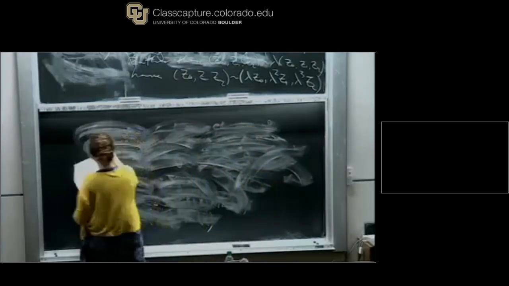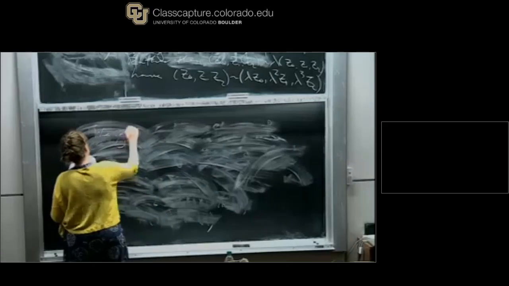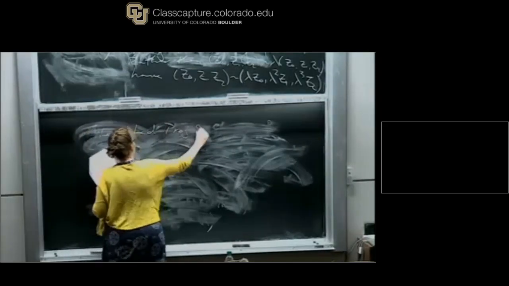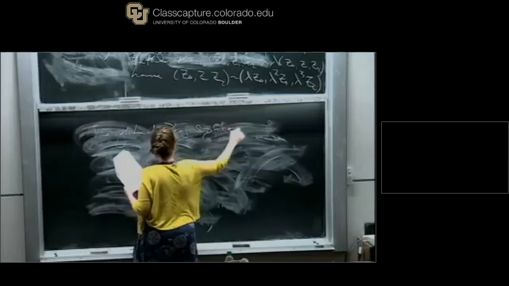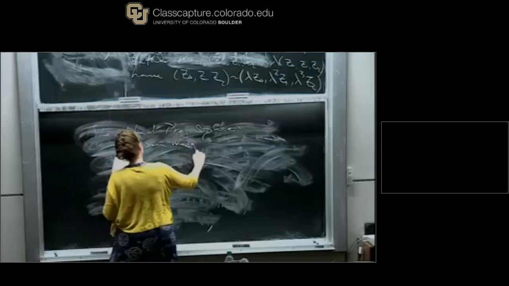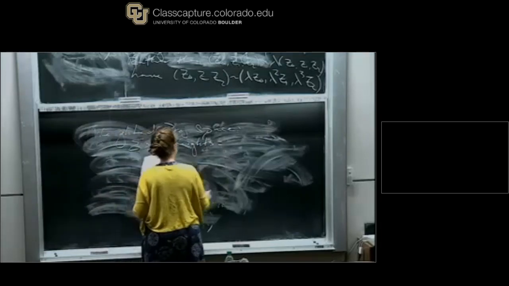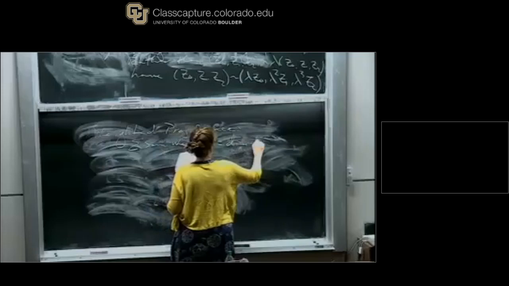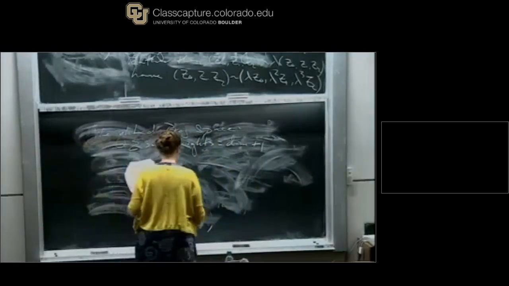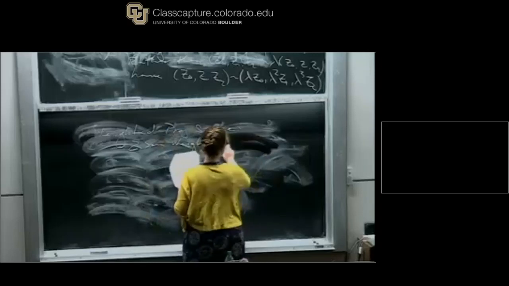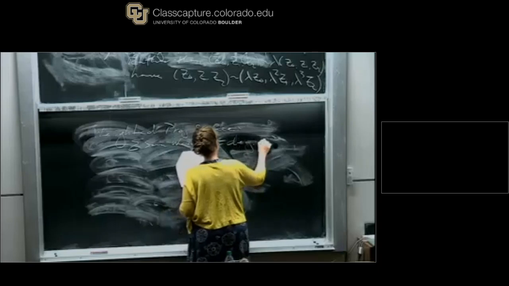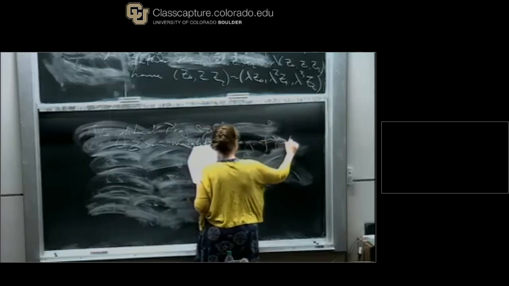So here, in weighted projective space, the degree of the polynomial has to be the sum of the weights. That makes more sense.